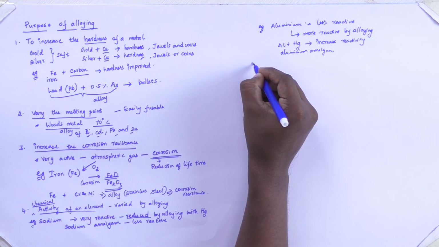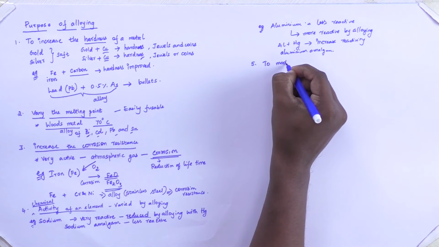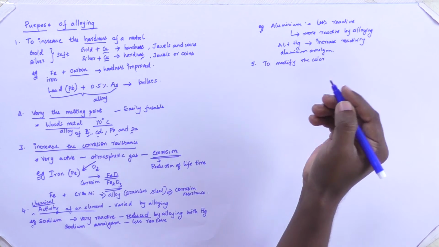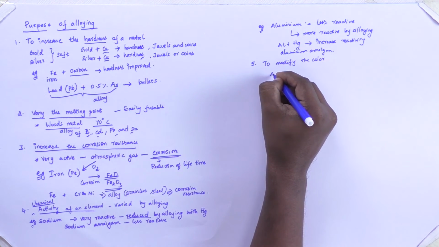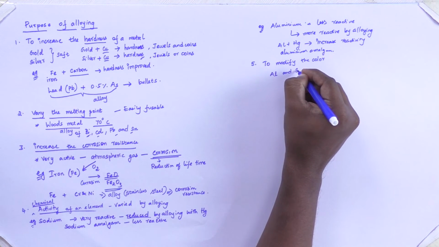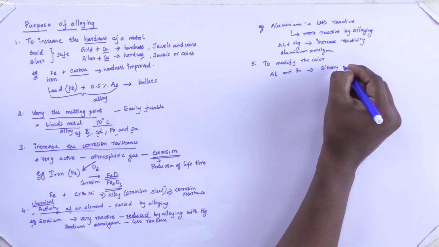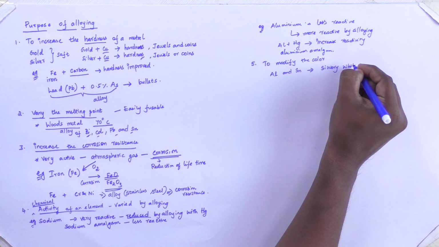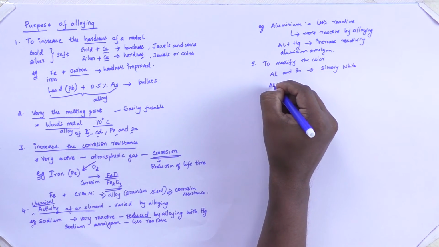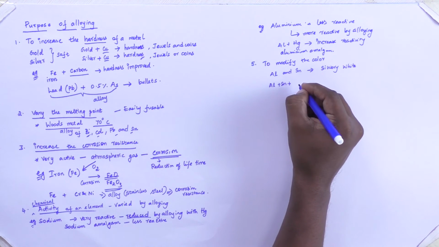The next point is to modify the color. For example, you have aluminium and tin. So their color is silvery white, and if we want to change this color, we can add a little bit of copper.